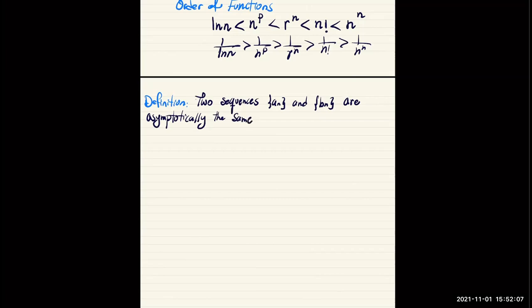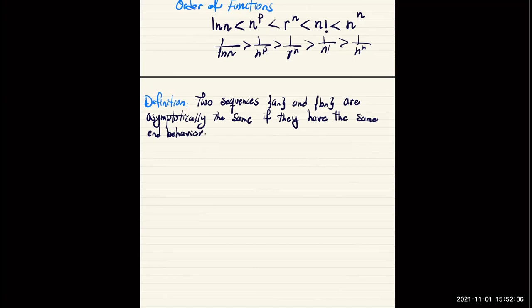If they behave the same way in the long run, or if they have the same end behavior. It's like a horizontal asymptote.